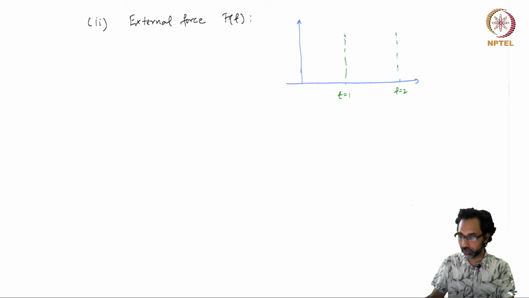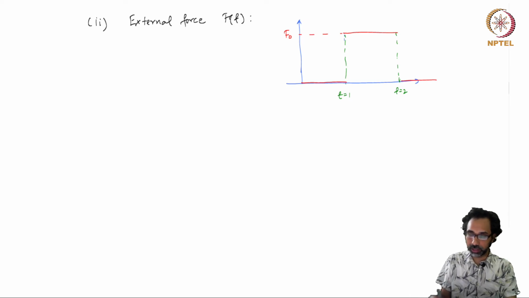So in between these two time frames the graph of the function is constant at value say f naught, and it's going to be 0 outside this interval from t equal to 1 to t equal to 2.